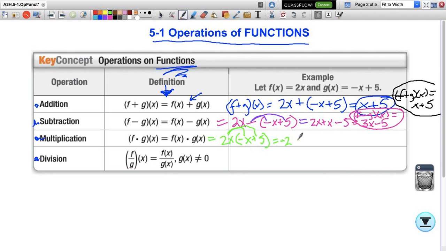X times x is x squared. 2x times positive 5, 2 times 5 is positive 10. And I'm just going to bring my x over. Now this is my answer, but again, I need to make sure I put my function notation with it. So I should say f times g of x equals, and then that specific answer.